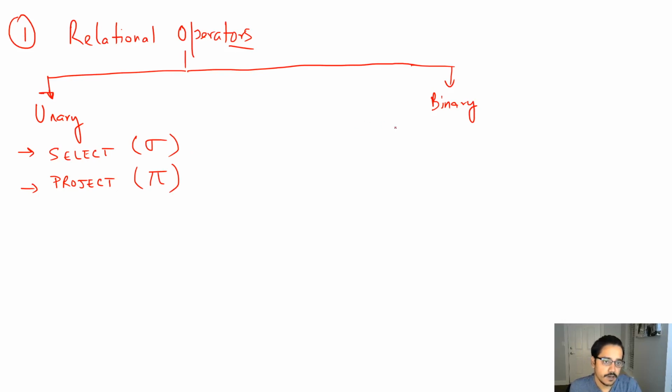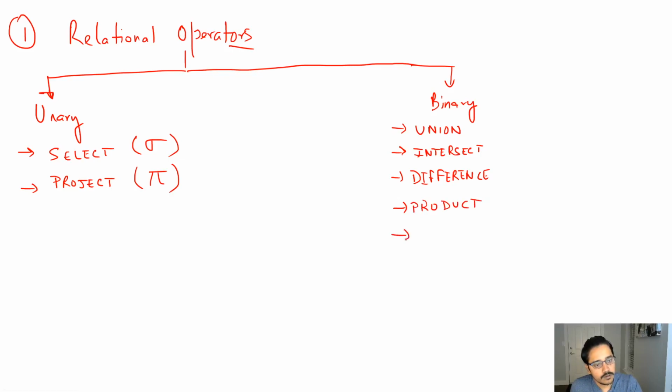Thereafter, in the binary operators, you have many different types of operations, ranging from union, intersect, difference, product, divide, and then finally the join operation.